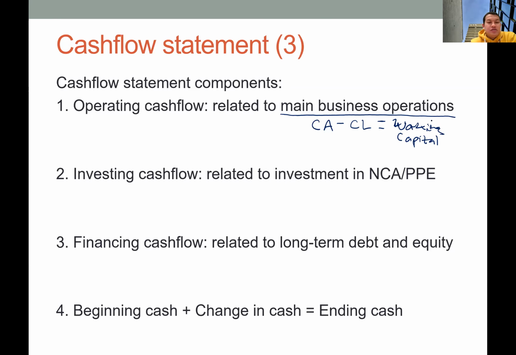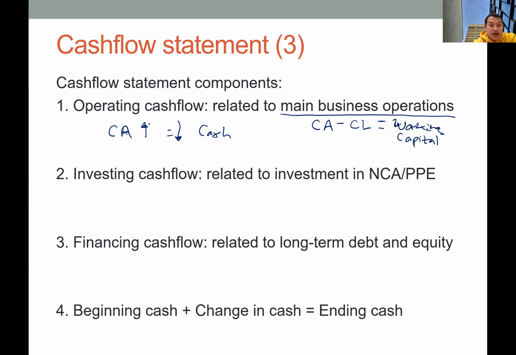Okay, so the main relationship between current assets and current liabilities with cash is similar to the one that we have discussed. So if we have current assets in an increasing trend, then the cash should be decreasing. Why?